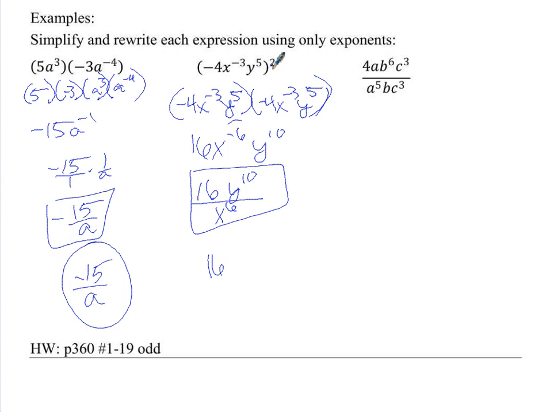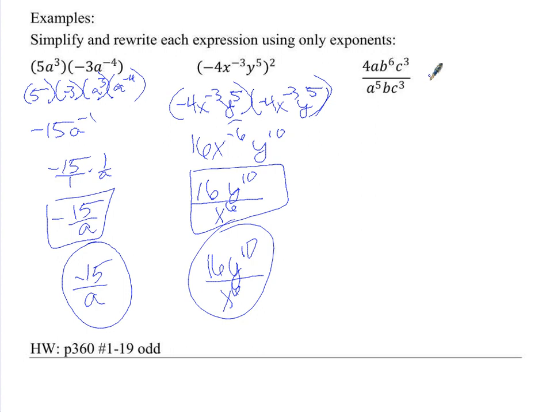So I have x to the negative 6. X to the negative 6 tells me that lives in the denominator. Y to the 5th times 2 becomes y to the 10th. That lives in the numerator. Knowing those properties of exponents saves me all of that extra work, and I get to the answer in one move.